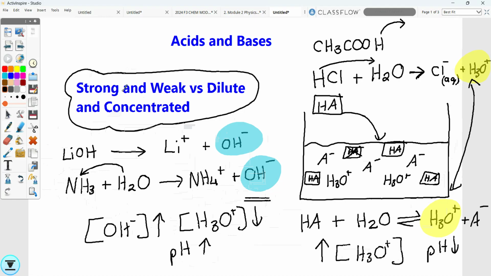So you know the difference now between strong and weak. Again here, what did I do wrong? It's a weak base, so it ionizes partially, so you need to have a double arrow. When you see a double arrow, what does that mean? It can go both ways.